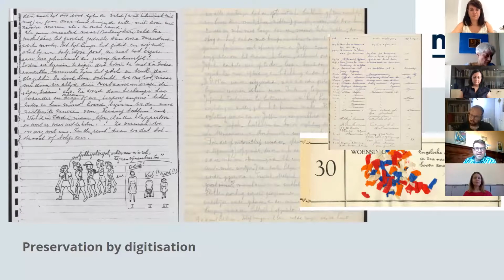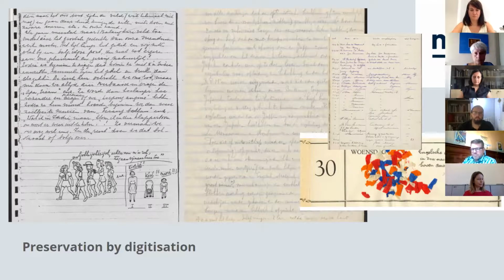And here you see a diary from the Netherlands East Indies, a diary which is already very difficult to read, or lists, or even this colored paper, which was made on the 30th, which was at that time the national holiday of the Netherlands. So this is someone who put this in his diary.